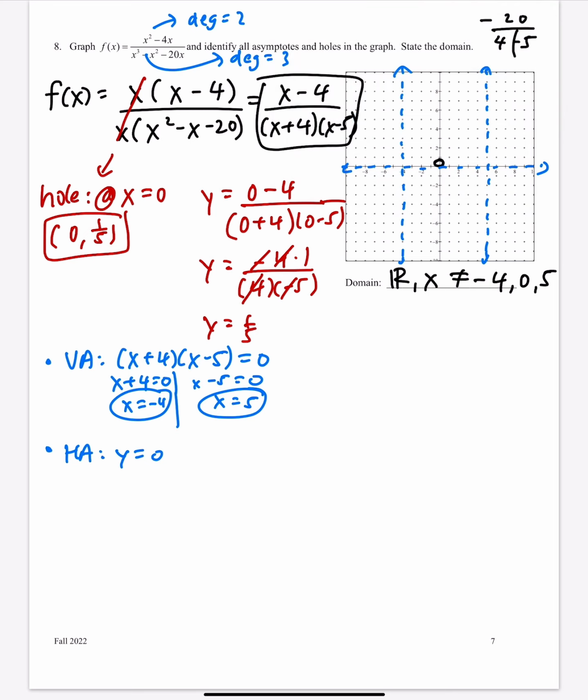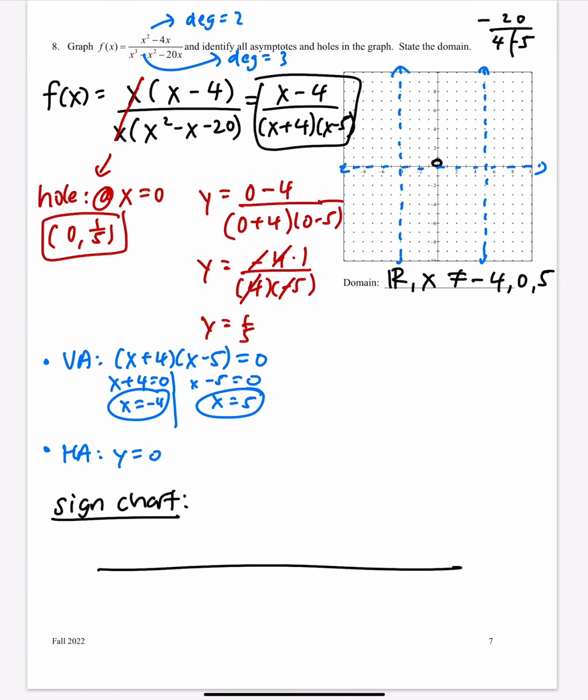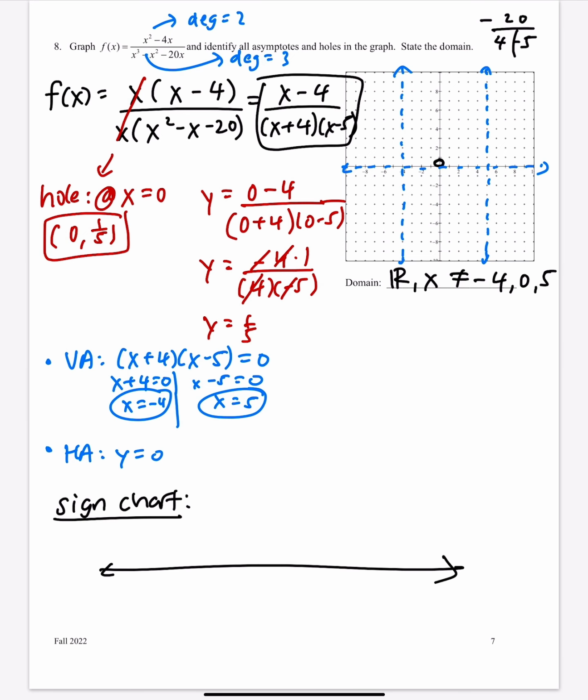And last but not least, I like to make a sign chart. So let's make a sign chart so we know what the behaviors are going to be. So for the sign chart, remember, they are your vertical asymptotes, which is negative 4 and 5.